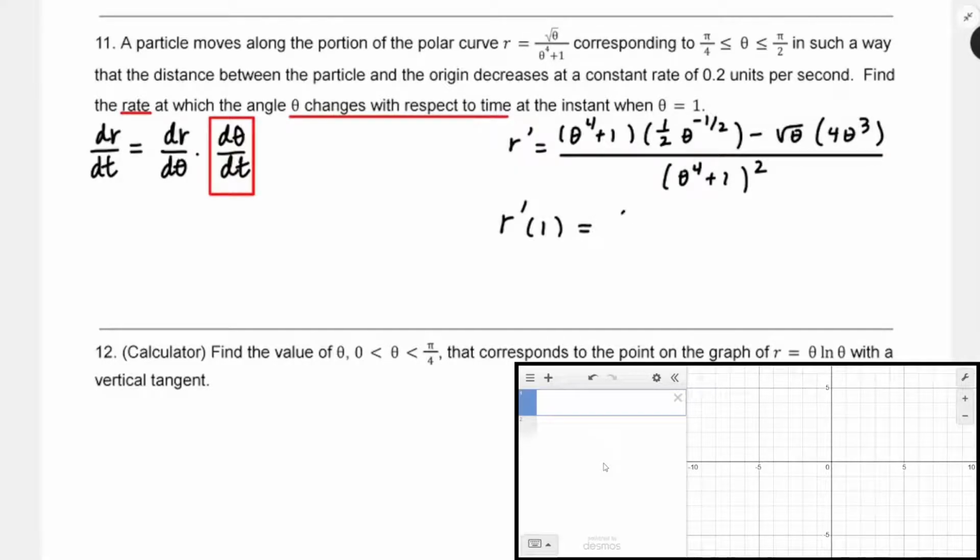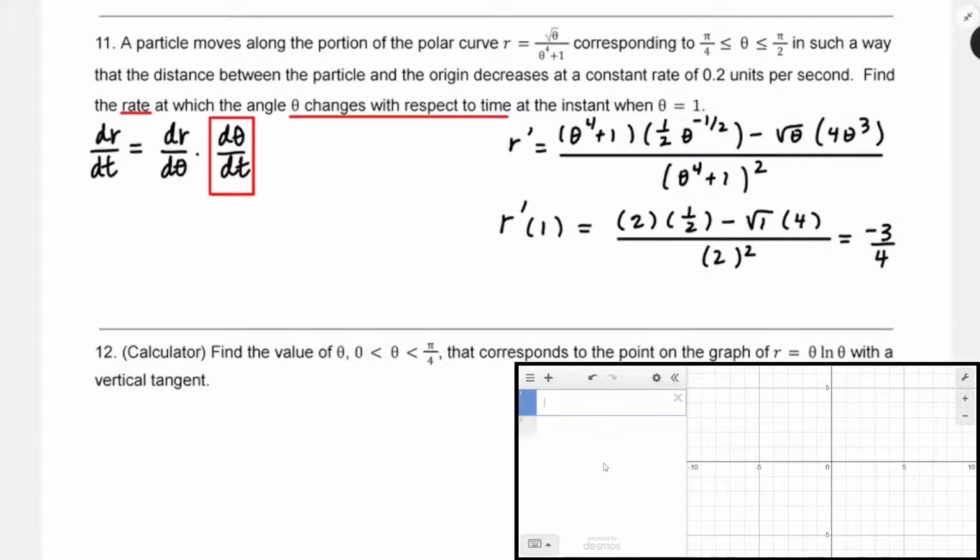R prime of 1 is going to be theta to the 4 plus 1 times a half minus the square root of 1 times 4, divided by 1, and 1 is 2 squared. Okay, so that's 1 minus 4 is -3 divided by 4.